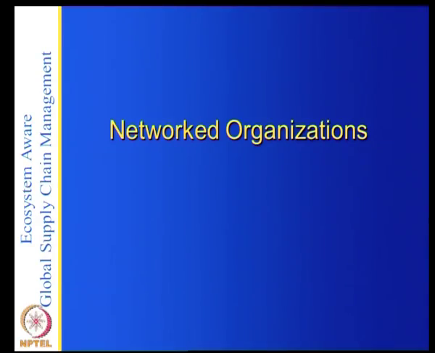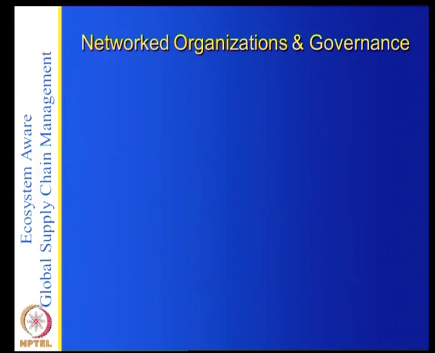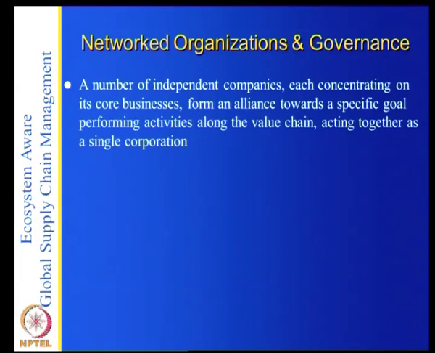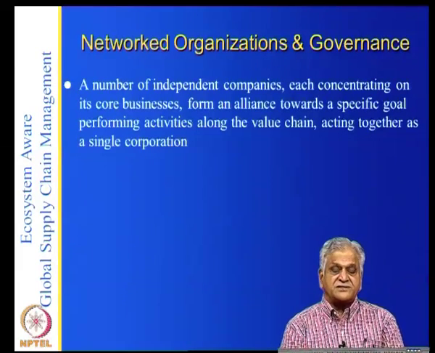Now, what we are going to look at is networked organizations, which are basically groups of companies under independent ownership. A number of independent companies, each concentrating on its own business, form an alliance towards a specific goal, performing activities along the value chain and acting together as a single corporation.